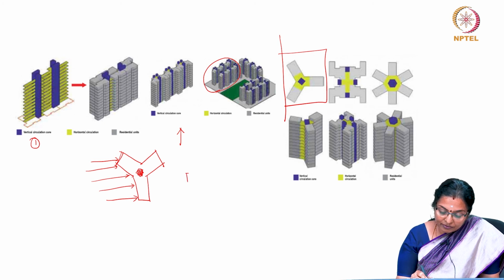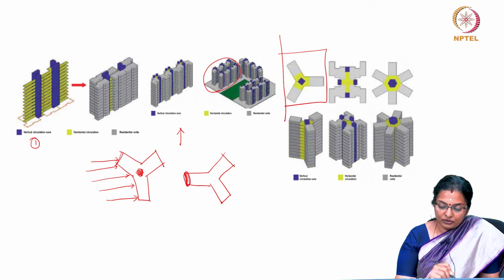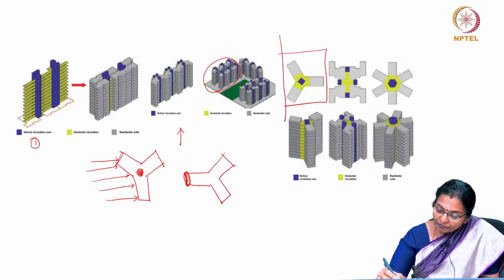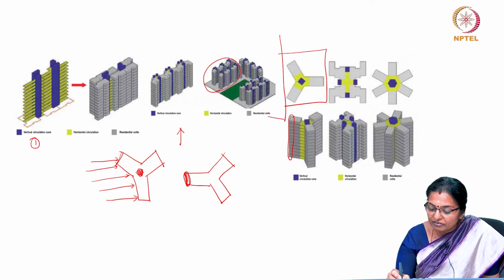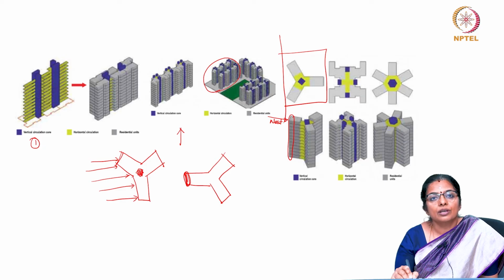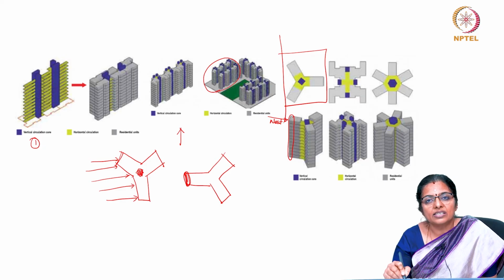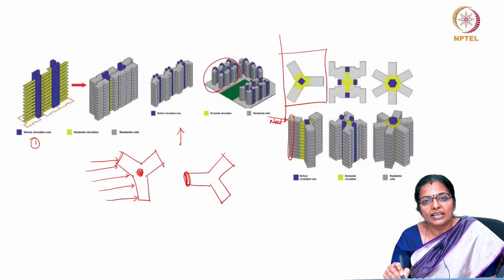If this plan form were to be oriented like this, then this entire surface and therefore all the houses along this particular orientation, if this was the west, would suffer so much. So you need to consider all that and then take a call.